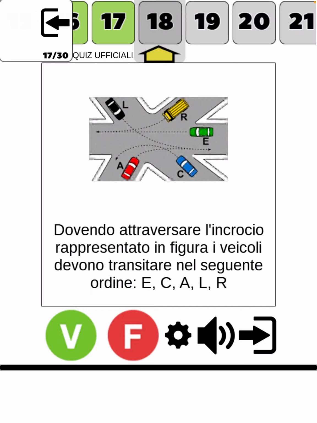Having to cross the intersection shown in the figure, vehicles must pass in the following order: E, G, A, L, R. Let's watch. A, first of all. If you look now, A does not have precedence over this car.